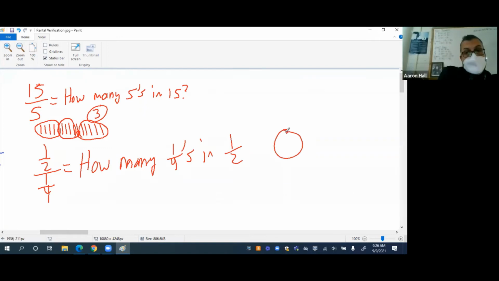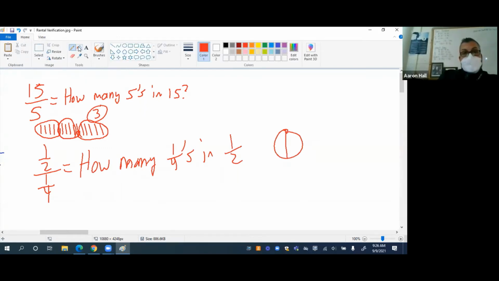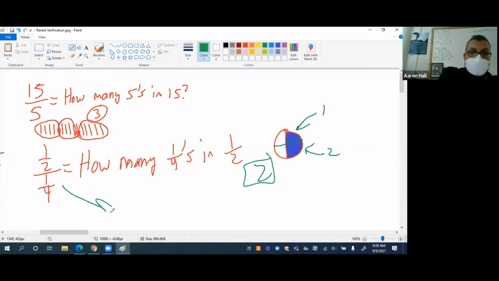So I have half a pizza pie here, and I want to know how many 1/4 there are. There's one here and one here. So the answer is 2. How do we get that algebraically?